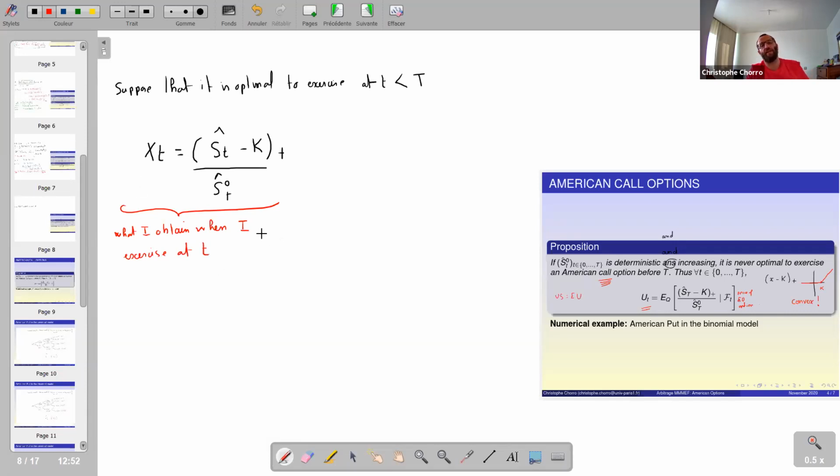So what you will obtain if you exercise at small t is in fact strictly greater than what you will obtain if you don't exercise.